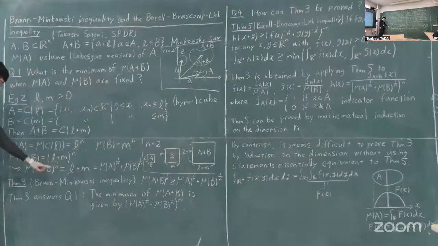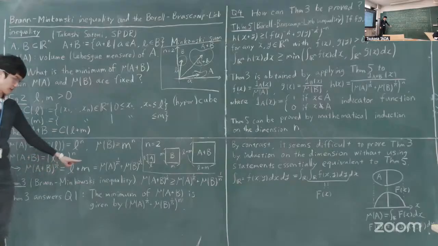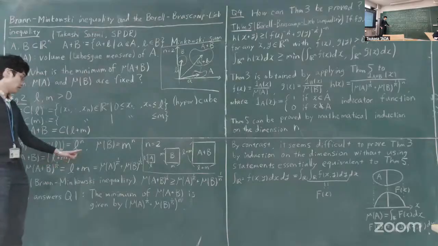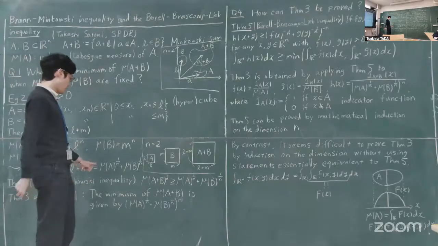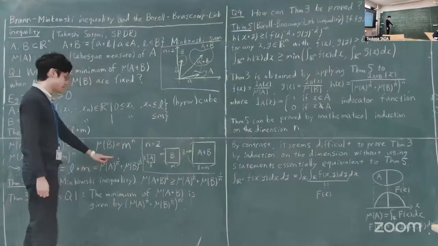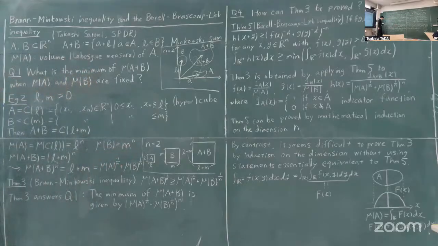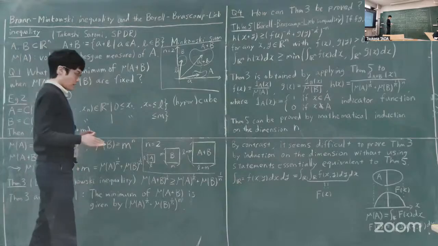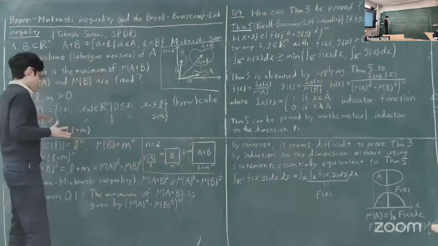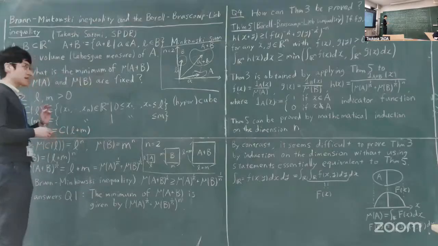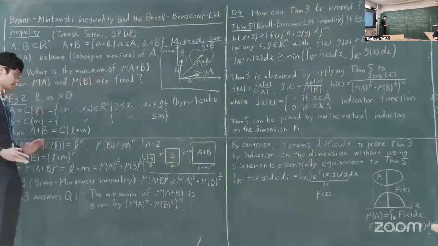The volume of the Minkowski sum to the power 1/n is equal to l plus m. So it is the volume of A to the power 1/n plus the volume of B to the power 1/n. In fact, this is the case when the volume of the Minkowski sum is the smallest.